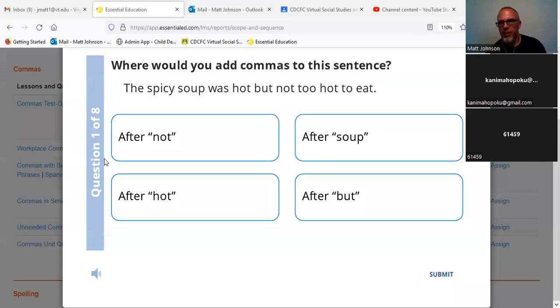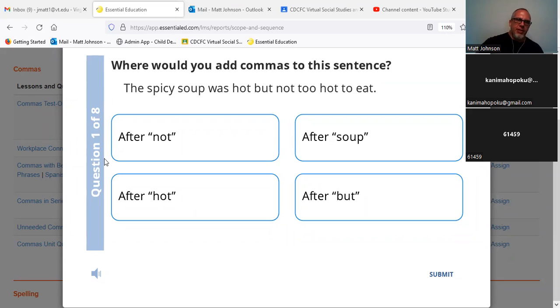The thing to remember, the first rule of thumb, is looking for what is essential or not essential to the sentence. Well, where is my independent clause? That's our first rule. Find that, and the rest will help everything fall into place.